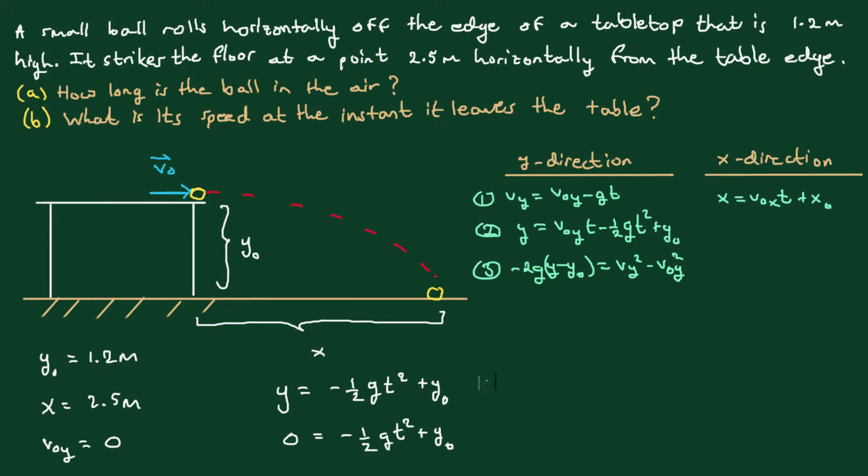So using a little bit of algebra, we can solve for t squared, and then take the square root to get t. So we have 1/2 gt squared is equal to y0, and if we rearrange it a little bit, we have t squared is equal to 2 times y0 divided by g, which means that t is equal to the square root of 2y0 divided by g.